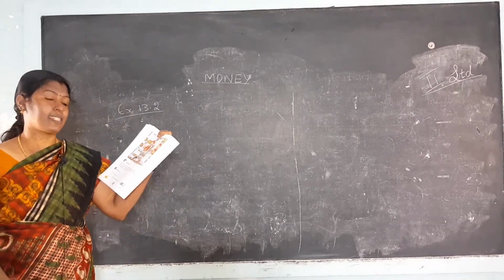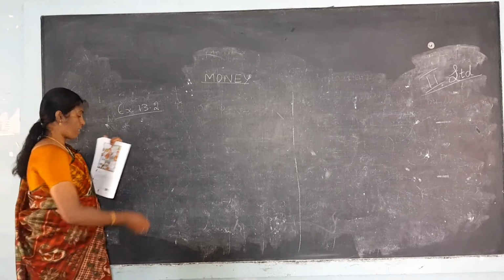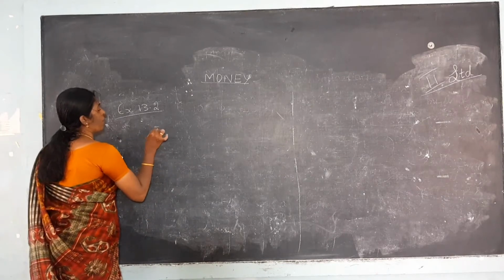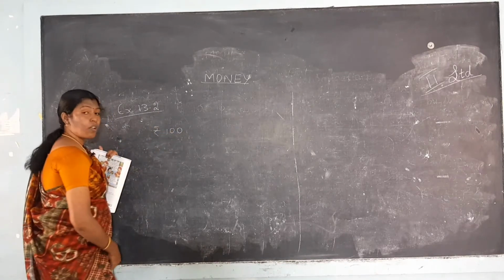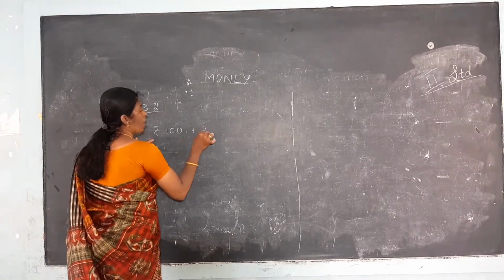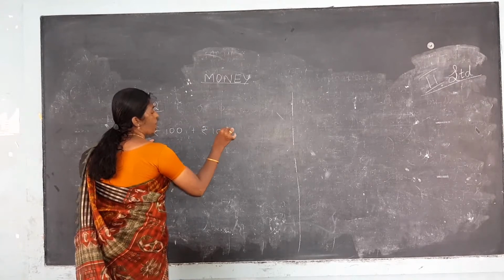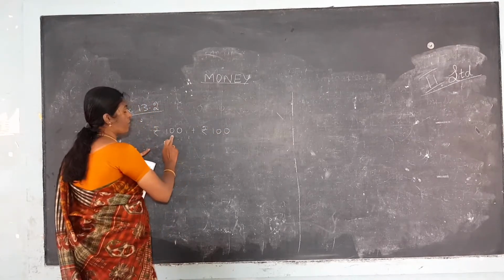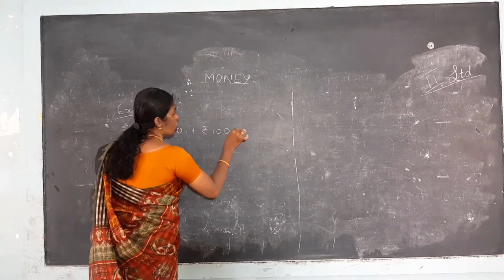Like the previous exercise, we are going to do the sum. First we have 100 rupees, and we want 500 rupees. So we add how many times? 5 times. First 100 plus 100, 200.